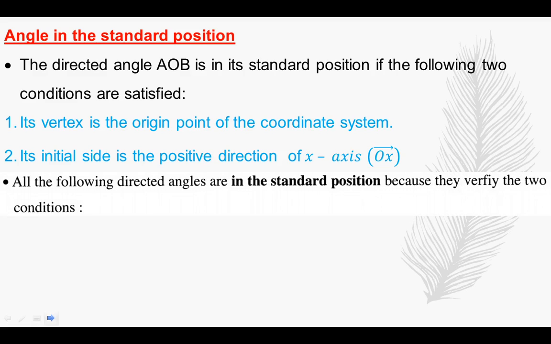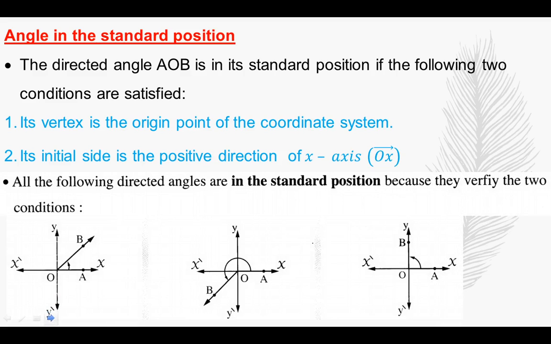Examples. All the following angles are in the standard position because they verify the two conditions. Let's verify the two conditions together. In figure 1, you can see that the vertex is the origin point, and its initial side is the OX ray.